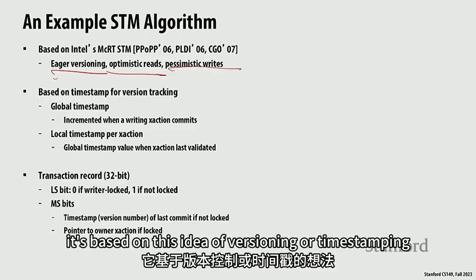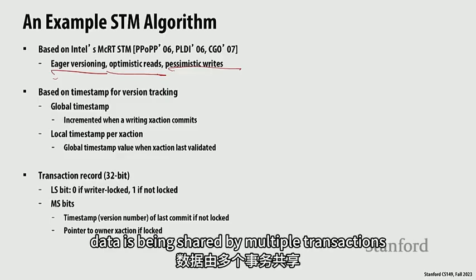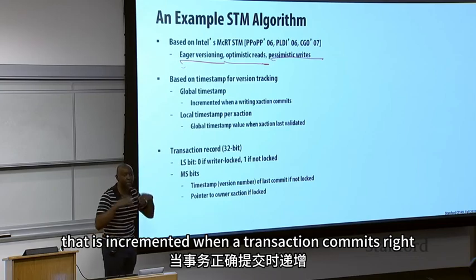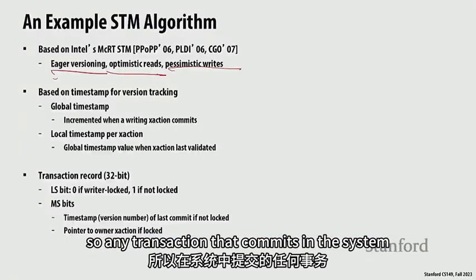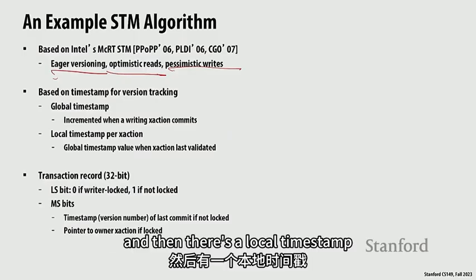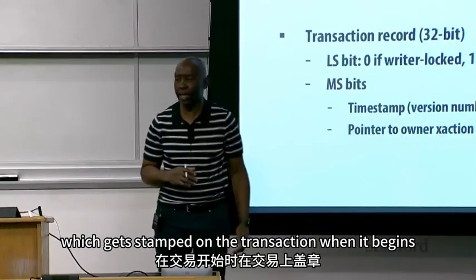It's based on this idea of versioning or timestamping to determine what data is being shared by multiple transactions. The idea is that there's a global timestamp that is incremented when a transaction commits. Any transaction that commits in the system increments the global timestamp. Then there's a local timestamp which gets stamped on the transaction when it begins.